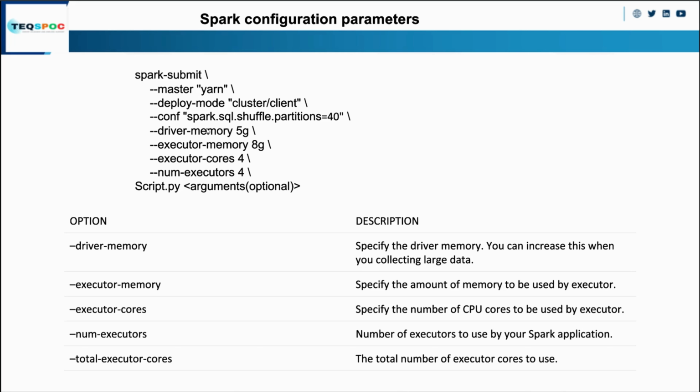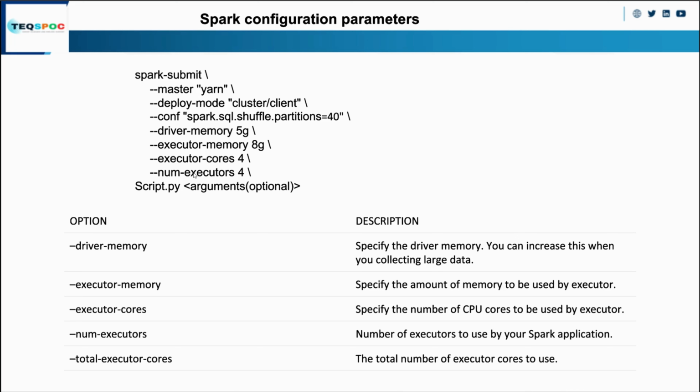Then there's the driver memory, executor cores, num executors. So what are these parameters and how do they help in making the Spark jobs run faster and more efficiently? We'll try to understand a bit about them.